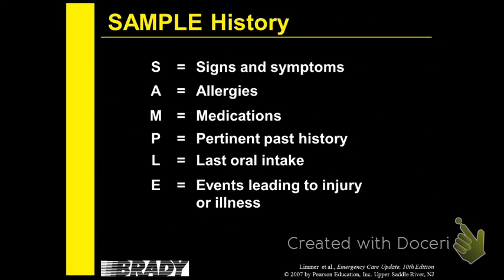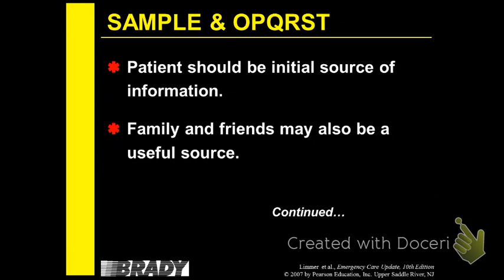So the OPQRST and SAMPLE are very good to keep you on sort of a systematic approach. You may not always be able to find this information out from the patient, especially pediatric patients or the real old. Okay, they may not be able to answer you. So sometimes you have to go with family and friends.